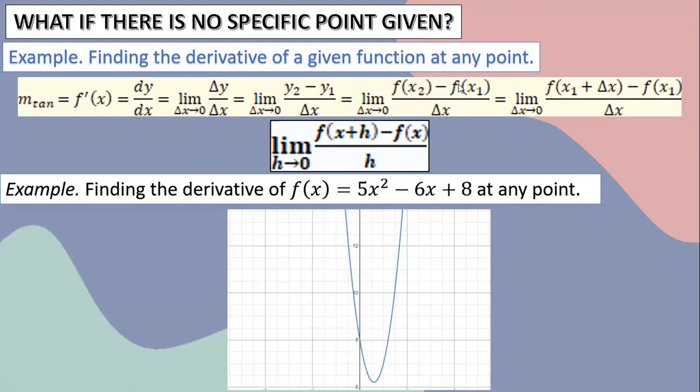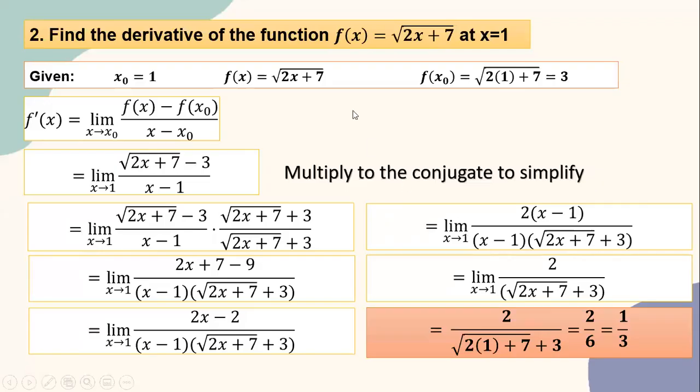Okay, so that's it for finding the derivative of a function at a given point. So kung mapapansin natin, ang given sa atin is yung pinaka-function, the function and a given point, so at x is equal to 1.